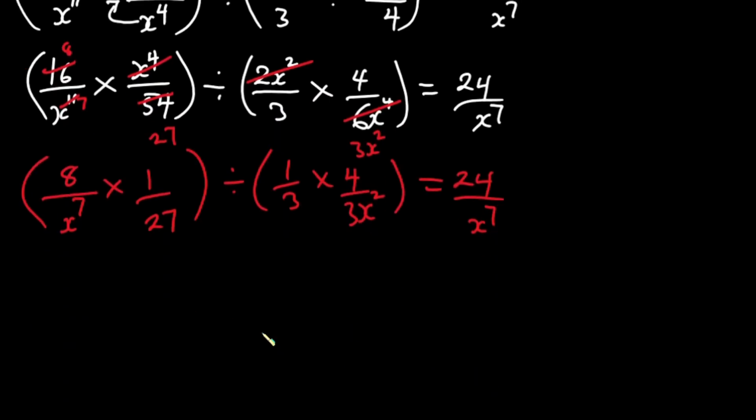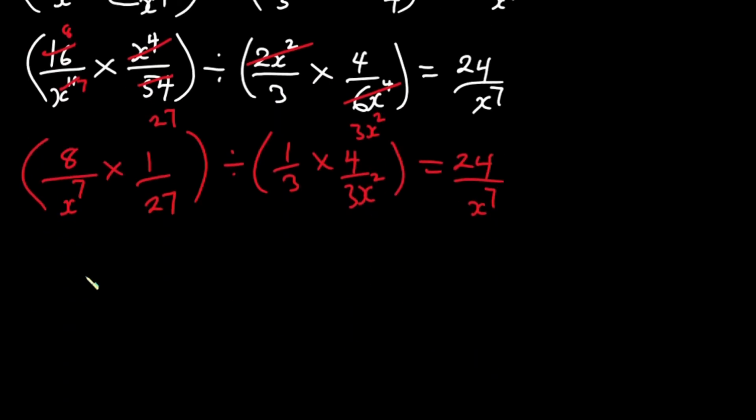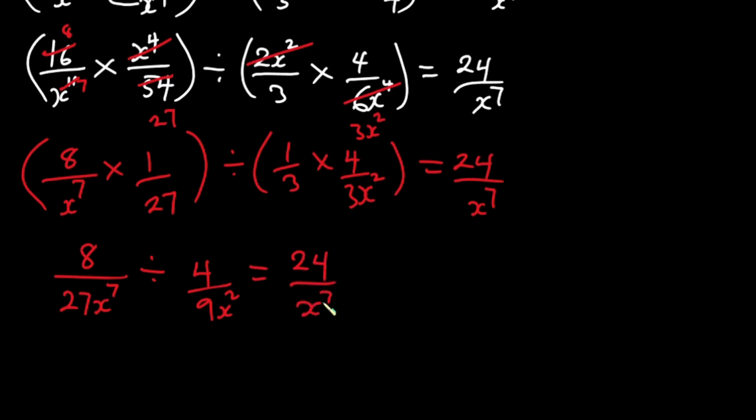Alright, so here let's combine them. 8 times 1 is 8 divided by x to the power 7 times 27. We have 27x to the power 7 divided by 1 times 4 is 4 divided by 3 times 3 is 9x squared, and this is equal to 24 on x to the power 7.